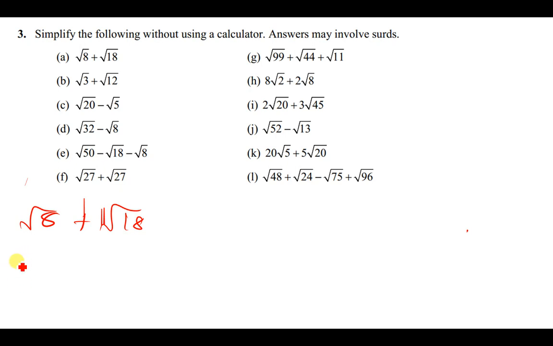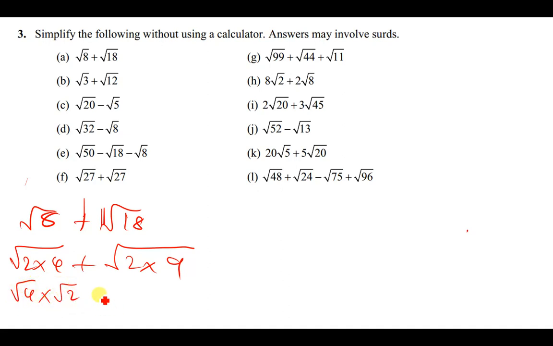So root 8 can be written as the root of 2 times 4, and then this other one can be written as the root of 2 times 9. So this one can be written as the root of 4 times the root of 2. Then this one can also be written as the root of 2 times the root of 9.